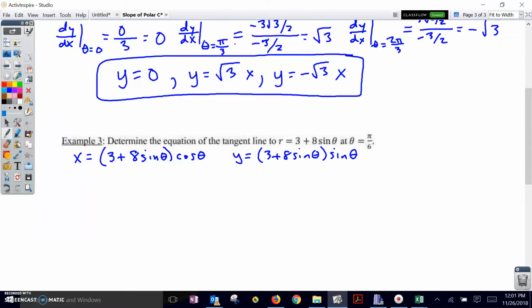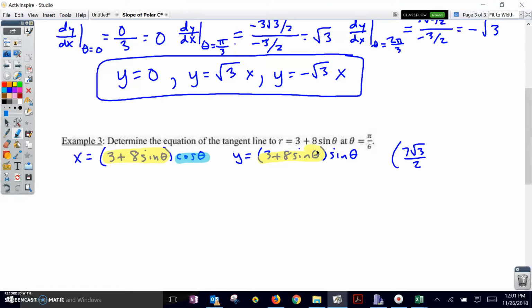And so substituting pi over 6 into both of those, the sine of pi over 6 is 1/2, and the cosine of pi over 6 is square root of 3 over 2. So x is equal to 7 times the square root of 3 over 2, because this right here is 7, and this is the square root of 3 over 2.